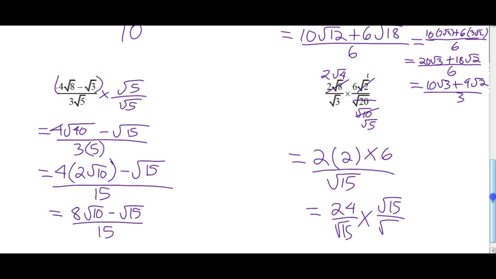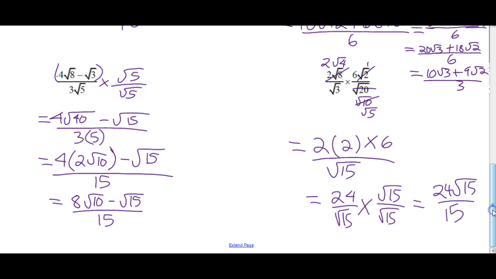So I multiply by root 15 over root 15. Any number that goes into both 24 and 15? 3. So 8 root 15 over 5. That's the final answer.